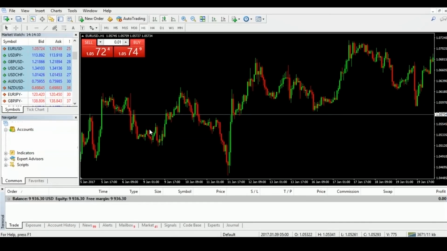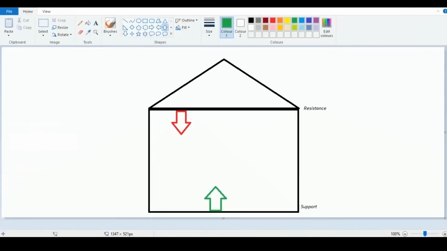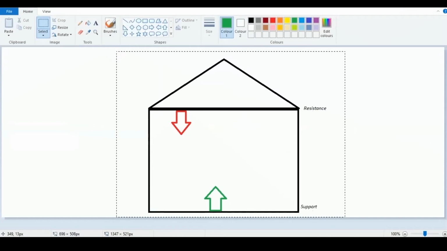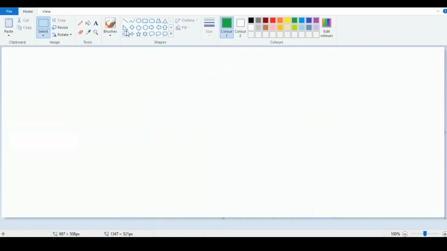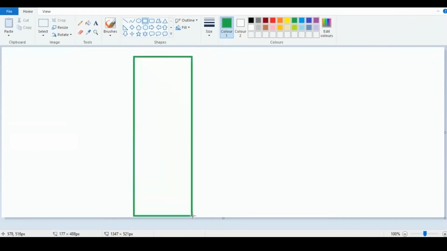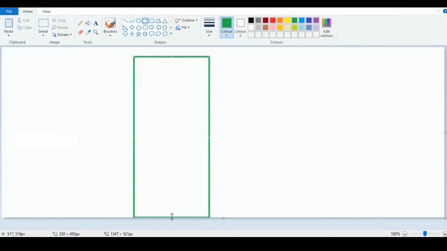Now there is a rule with support and resistance, and that rule is once broken, support becomes resistance, and resistance becomes support. The easiest way to explain that is to view it as an apartment building. So you have got your apartment building and it has got many floors.